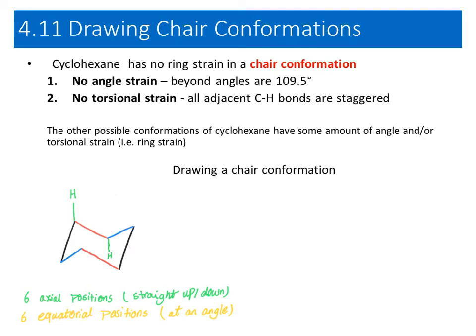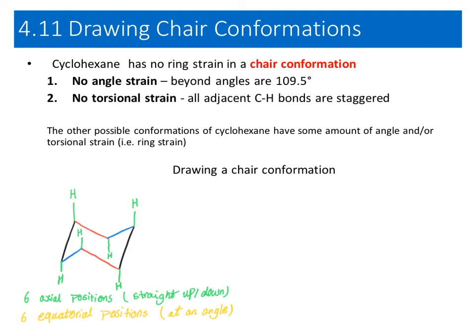So we are going to see an alternating pattern here. Therefore, on the next carbon, we are going to have axial position going up. On the next one, axial going down, then axial up, and then axial down.